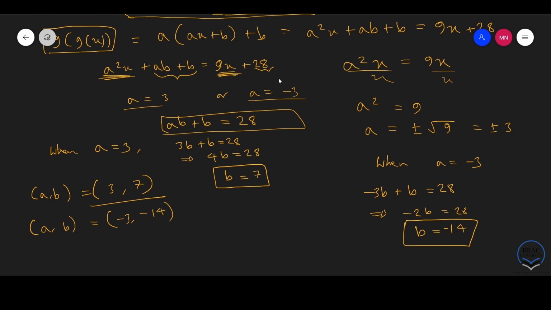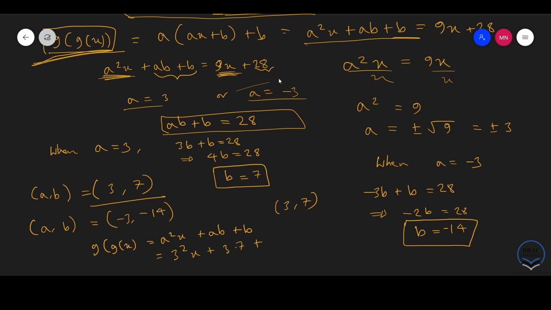And we can check our values of a and b by substituting them back into our g of g of x, which is equal to a squared x plus ab plus b. If we consider the pair 3, 7, we have 3 squared x plus 3 times 7 plus 7.